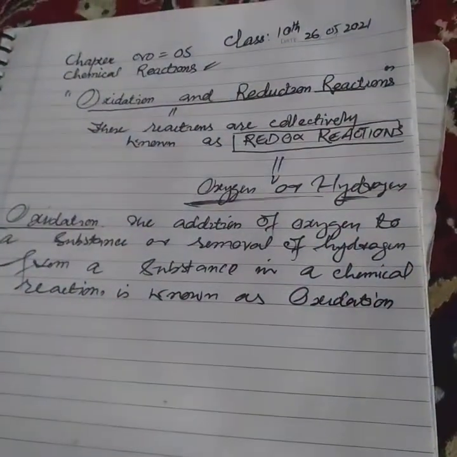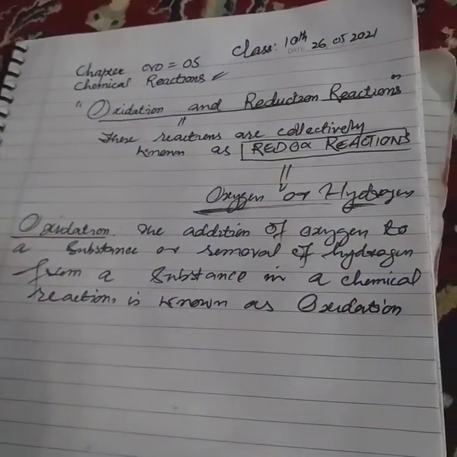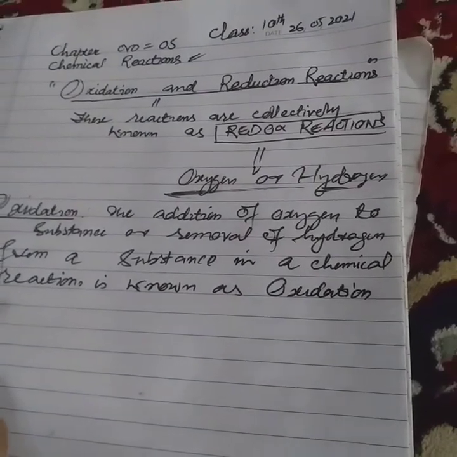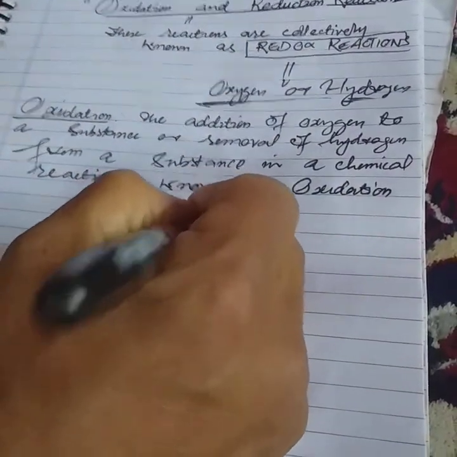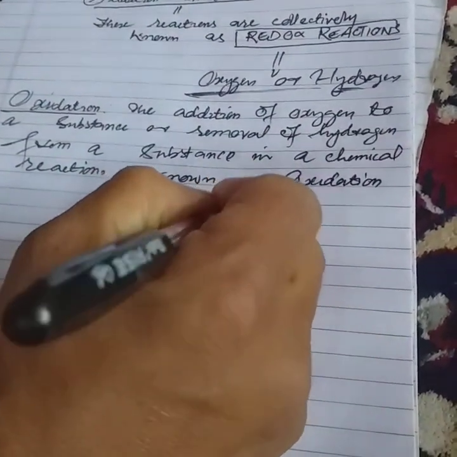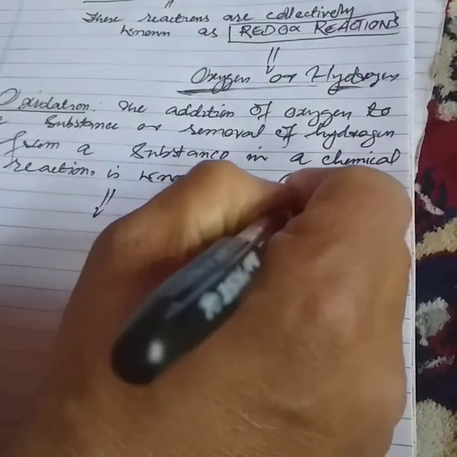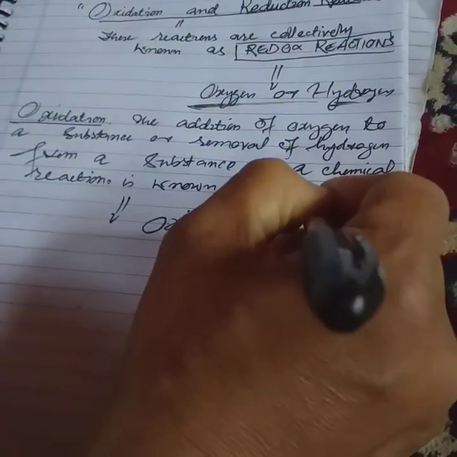The substance which either gives oxygen or removes hydrogen in an oxidation reaction is known as oxidizing agent.